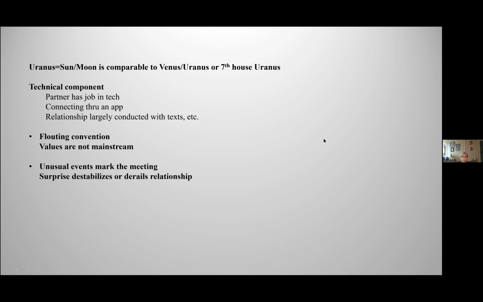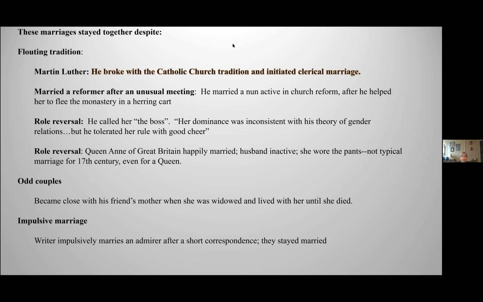However, even in the 21st century, Uranus equals Sun-Moon can have to do with flouting conventions and having values that are not in the mainstream. And sometimes it's unusual events that mark the meeting, or some surprise destabilizes or derails the relationship. These marriages stay together despite flouting tradition.